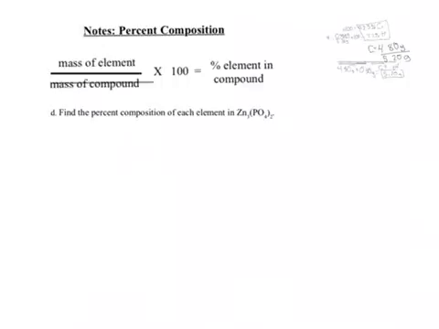There is one other way that you're going to see percent composition. So in that problem that we just did, you were given mass. But sometimes you'll just be given a formula, and no mass is given to you. So instead, we are going to be using our molar mass. Where do you find that molar mass? On the periodic table. So we're going to take our formula, zinc phosphate, and we are going to add up all the atoms' individual masses times how many there are to get the total mass of the compound for zinc phosphate.